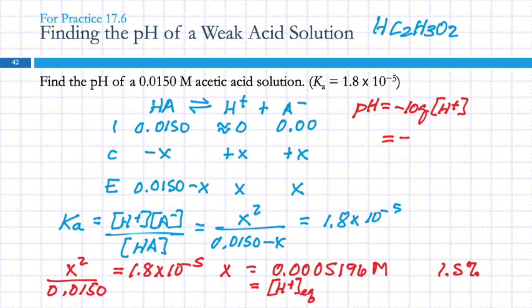So negative log 0.0005196. And, you know, always a good idea to include a couple of extra digits. So negative log 0.0005196.